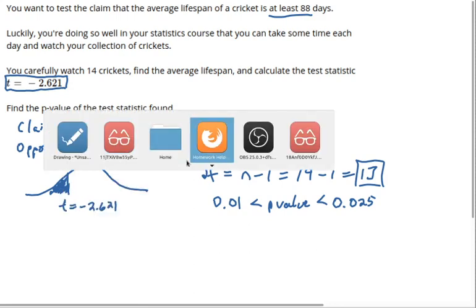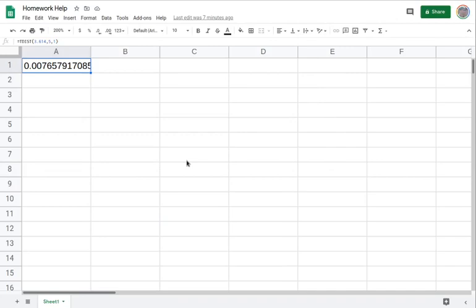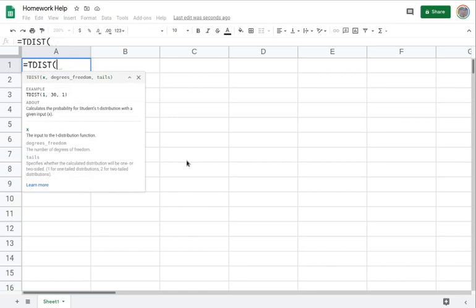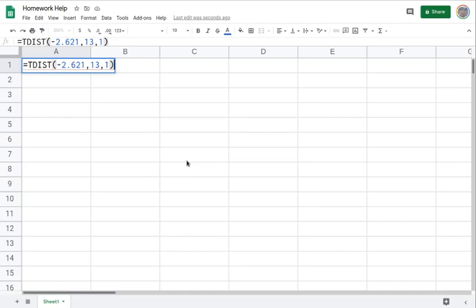So I will come over to a spreadsheet and use the equal t.dist.2t, no, t.dist.rt. There is a t.dist, but it works a little bit differently than what I'm going to do here. So now if I type in negative 2.621 as my test statistic, and degrees of freedom was 13, and I know this is a one-tail test as opposed to a two-tail test, so I plug in 1 there, I'm going to get an error here.